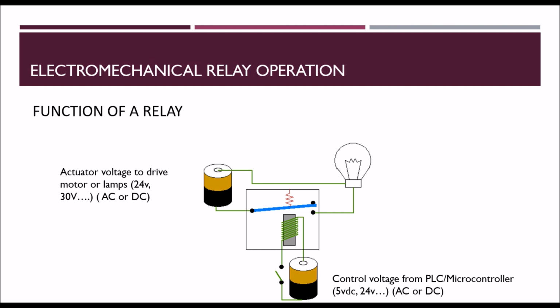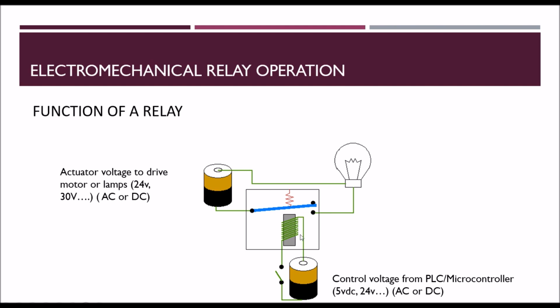That is the function. And one important application is, for example, switching a high voltage circuit using low voltage. That is also an important application, because a high power motor or high power bulb cannot be driven directly by a PLC or microcontroller.